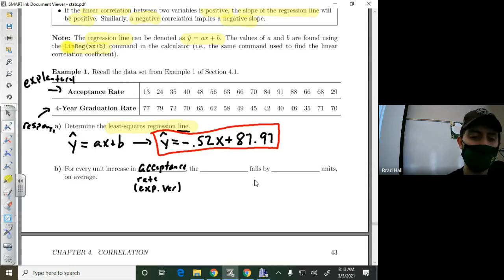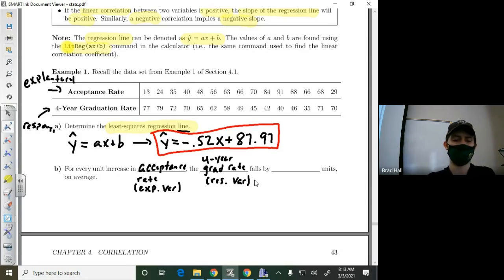The y value is the 4-year graduation rate, or in other words, whatever the response variable is. That 4-year graduation rate falls by, well, that's what the slope tells us. Falls by already implies the negative, and then they just want the 0.52, the slope.